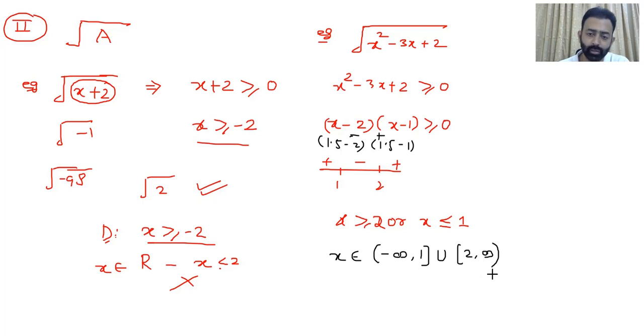You cannot write a square bracket whenever there are infinities in the set, because infinity is not an exact value of a certain number. Infinity plus 1 is again infinity. That's why we always put parentheses, meaning it is not included. So this is the domain.